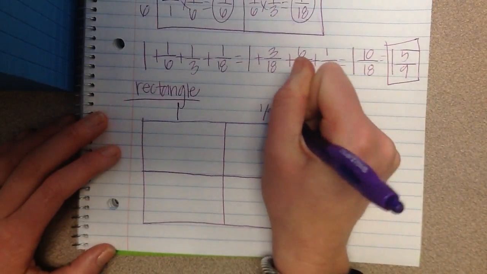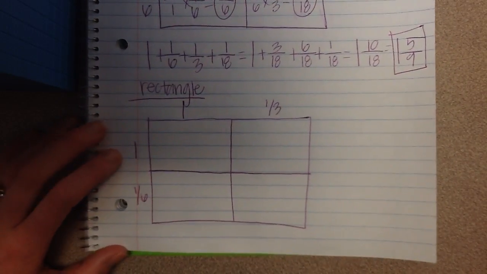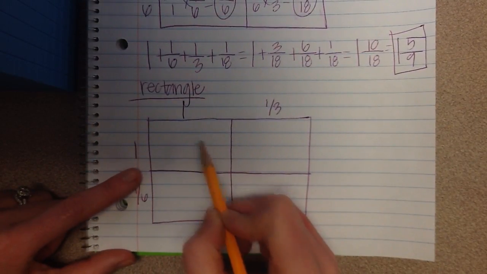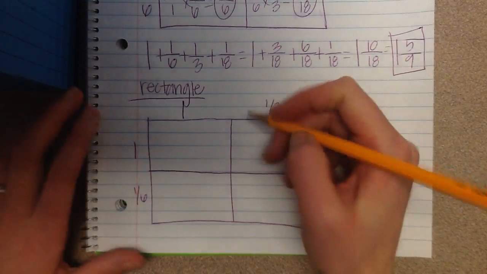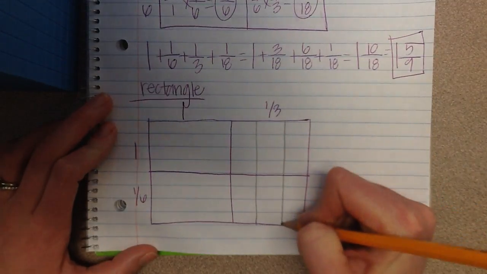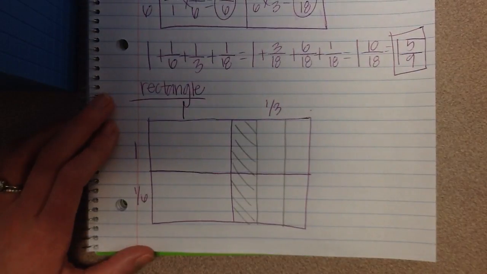1 and 1/3, 1 and 1/6. Oh, found a pencil, so that's what I'm going to use right here. So because this is 1, I don't need to break this up. Because this is 1, I don't need to break this up. Okay? So here I'm going to break this into thirds. Okay?